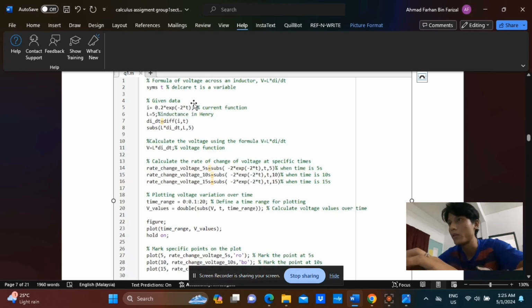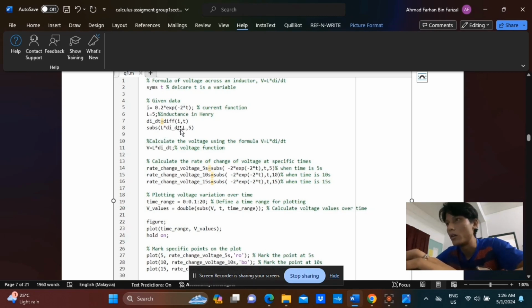So this is the current function. Then the inductance in henry. So you can see here the di dt is equal to differentiate of I with respect to t.